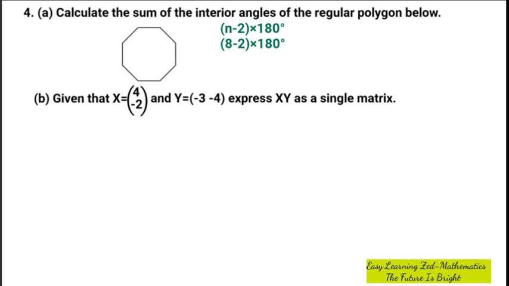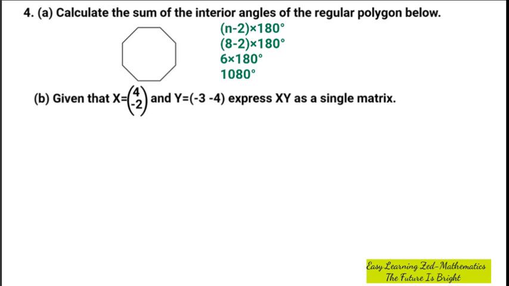We evaluate the numbers in brackets: 8 minus 2 gives us 6. Then 6 multiplied by 180 degrees gives you 1080 degrees. So the sum of interior angles is 1080 degrees.